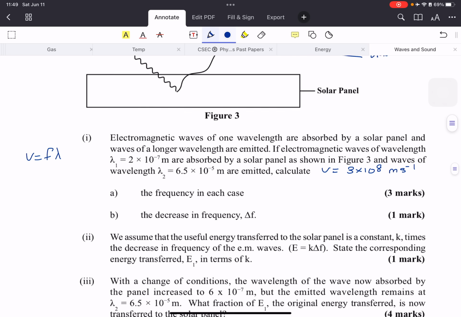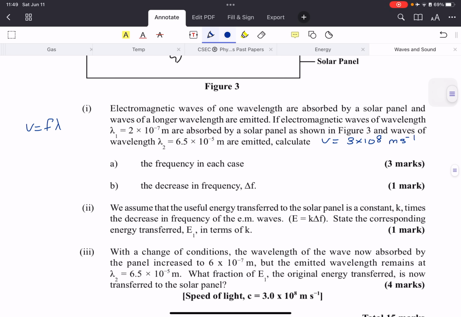Okay, here are some calculations. Electromagnetic waves of one wavelength are absorbed by a solar panel, and waves of a longer wavelength are emitted. If electromagnetic waves of wavelength 2 by 10 to the minus 7 meters are absorbed by a solar panel, and waves of wavelength this are emitted, calculate the frequency in each case, and then the decrease in frequency.